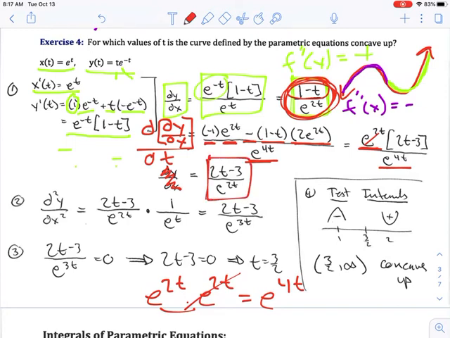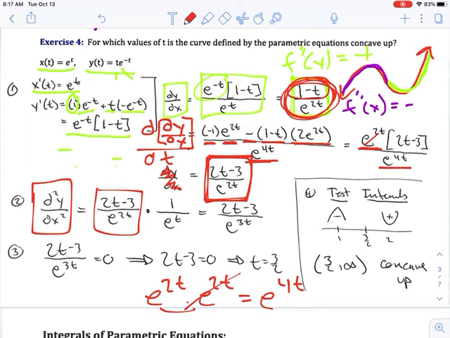So this right here is the derivative of dy/dx with respect to t. And now the second derivative is we take this and divide it by x prime of t.